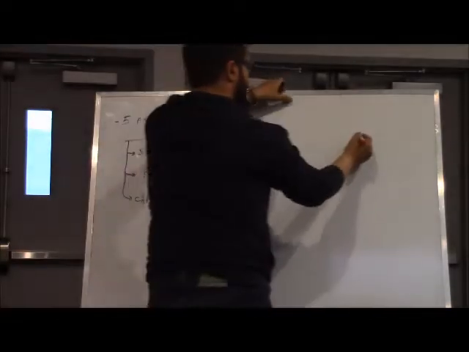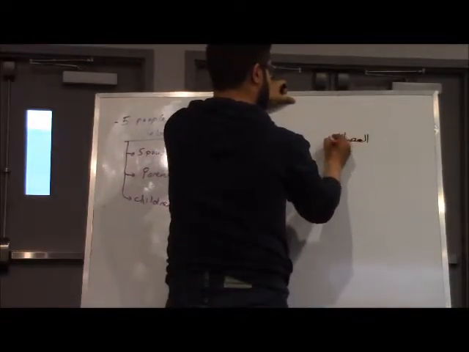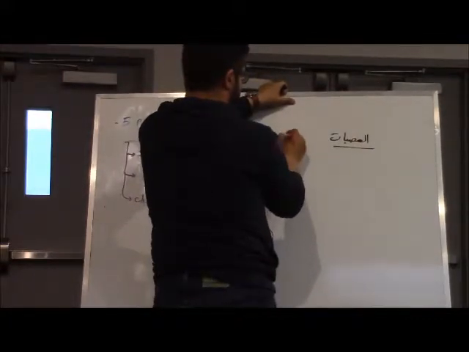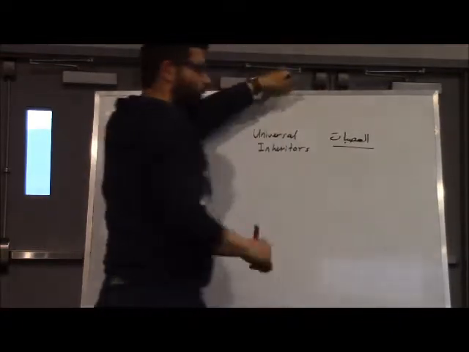Okay. وَأَقْرَبُ الْعَصَبَاتِ. Now here's a word that's important: al-asabat. The translation for this is universal inheritors. What does that mean?